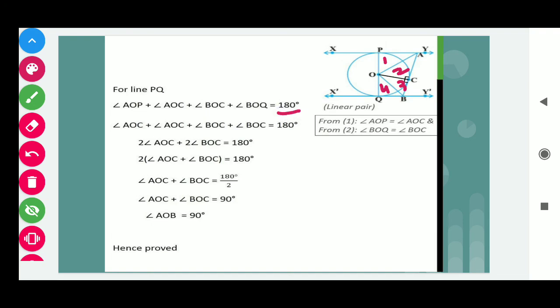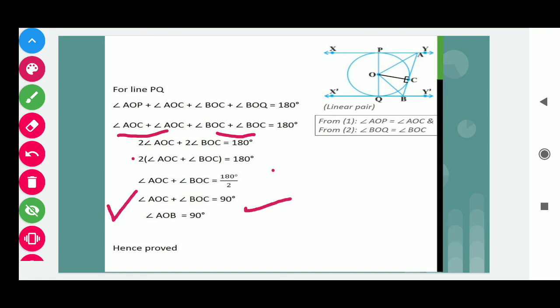And here you can see that angle AOP is equal to angle AOC, so we will write AOP as angle AOC. Similarly, angle BOC is equal to angle BOQ, we will write both angles equal. So both become double, and here 2 will go to the right hand side in the denominator. So in this way we get angle AOC plus angle BOC is equal to 90 degrees.